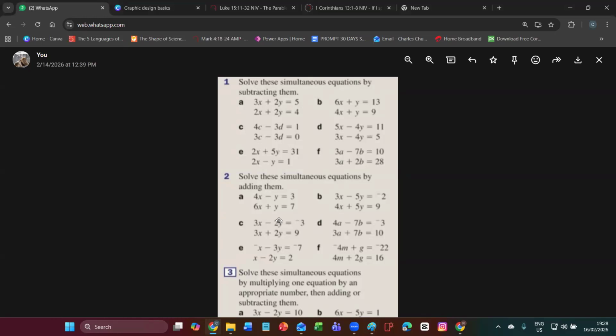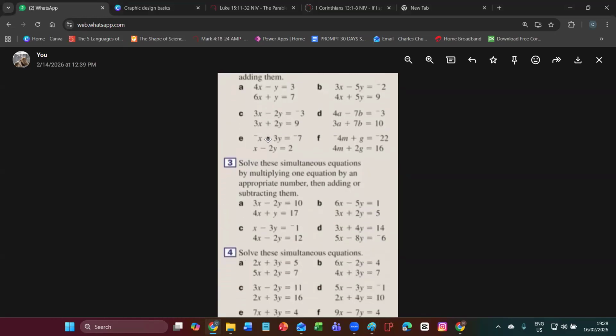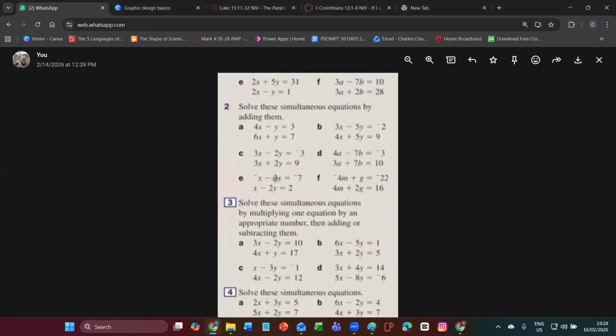Okay, maybe we should do one that has the same coefficient, but instead of subtracting, we'll be adding to eliminate them. Okay, so let's do number 2a.